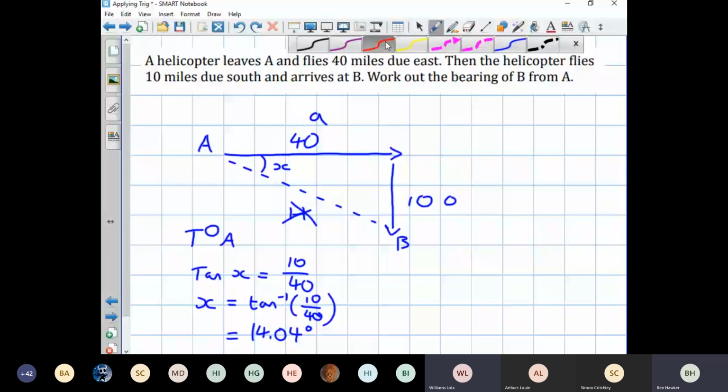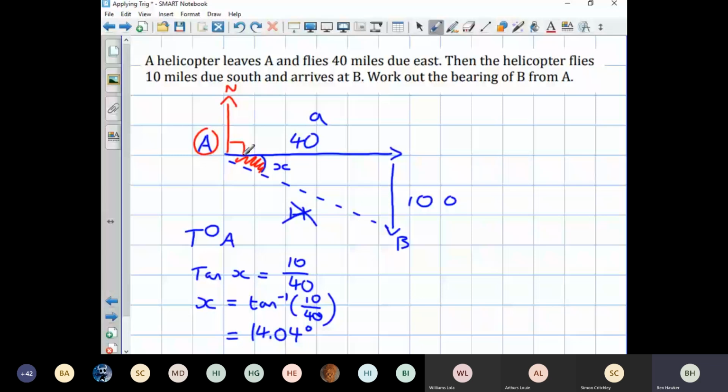Perfect. So, work out the bearing of B from A. Well, that means starting from A, and we go to B. And a bearing, we always start from north. Okay? So, we've got this part of the bearing that we need to add on 90 degrees.